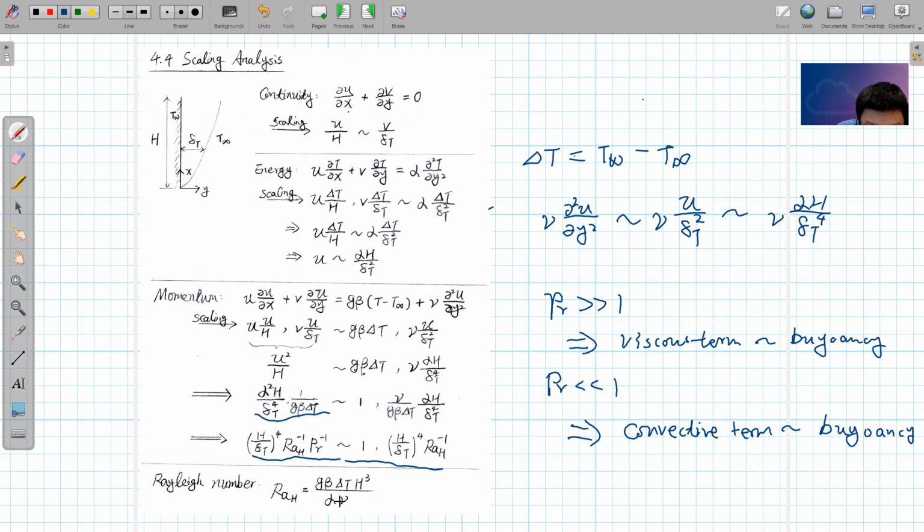On the bottom, alpha is the thermal diffusivity and mu is the viscous diffusivity. So this is basically the buoyancy effect over the diffusivities, both thermal and viscous.